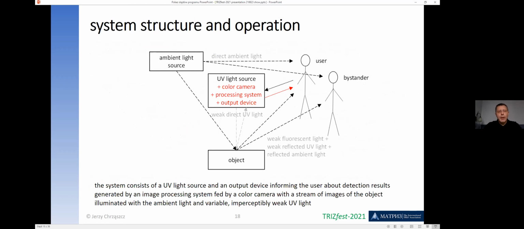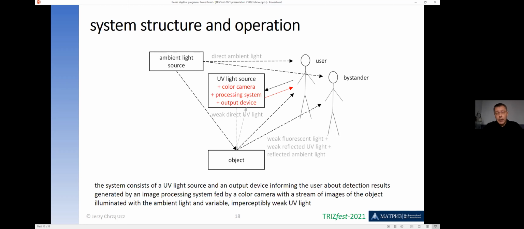A detector implementing this solution idea comprises a UV light source, a color camera, a processing system, an image processing system, as we will be dealing with images of the object, and an output device.